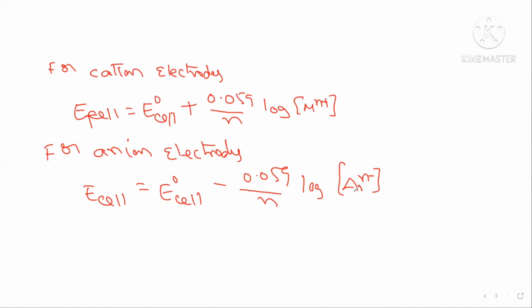So by using these two equations we can calculate the EMF value. For the cation or metallic electrode, E cell is equal to E naught cell plus 0.059 by n log of M n plus concentration. For the anion electrode, E cell is equal to E naught cell minus 0.059 by n log of A n minus concentration, which is the concentration of the anion.